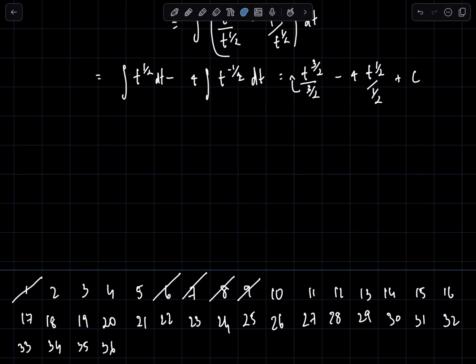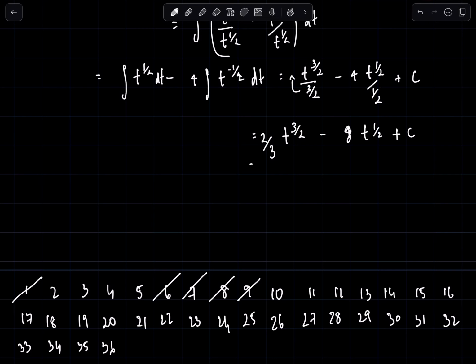So this is equal to, like we did before, 2 by 3 t raised to the power 3 by 2 minus 4 times 2, which is 8 times t raised to the power half plus c.